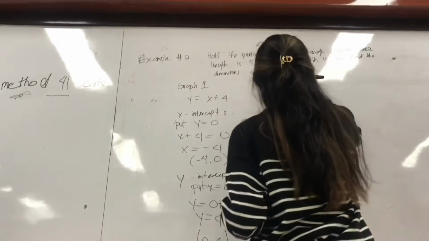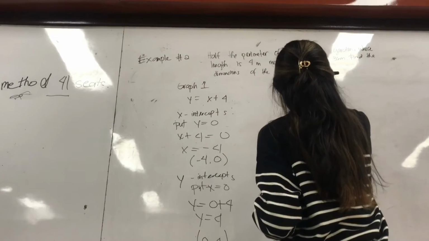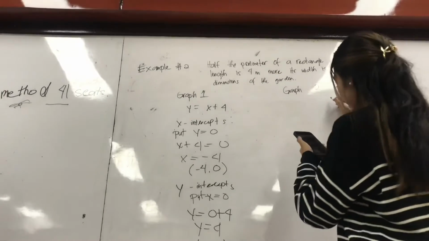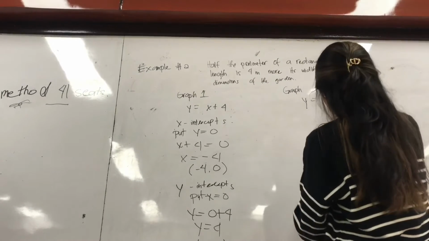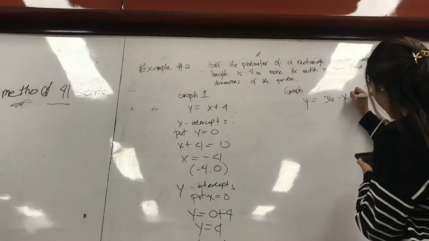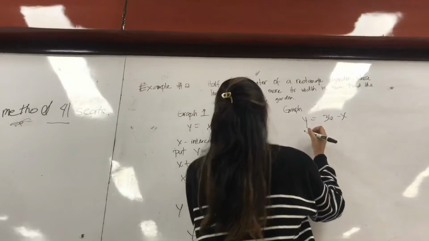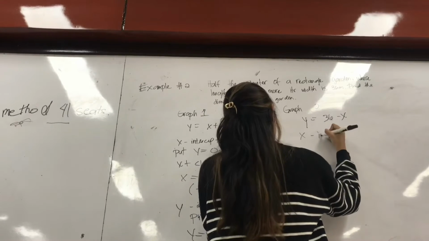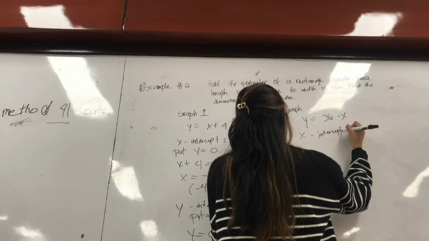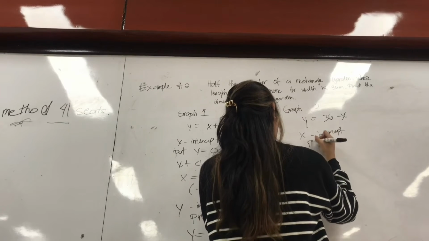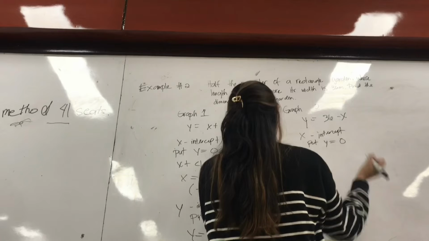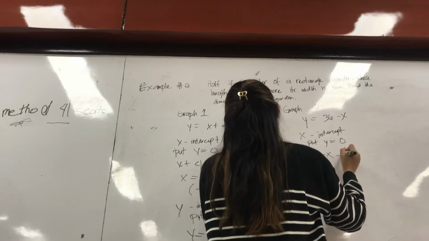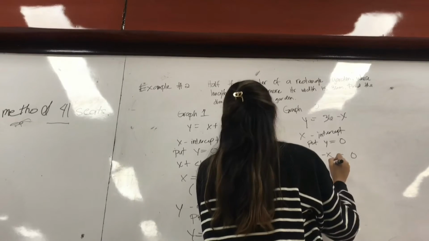And the second line is y equals 36 minus x. Let us put y equals 0 for the x-intercept. So 36 minus x equals 0, x equals 36.